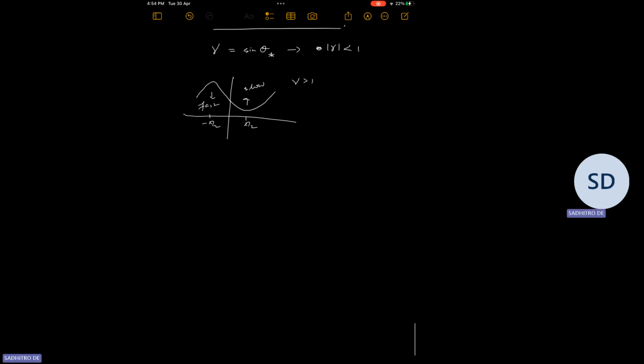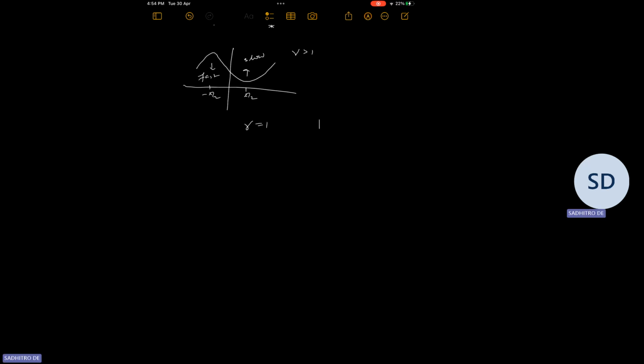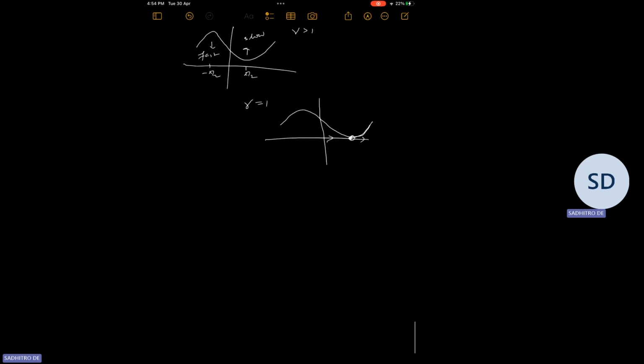Now, when gamma equals 1, then this curve just about touches the x-axis like this. There's a point of intersection over here, and there is a fixed point. And the flow is slow in this direction. So this fixed point is stable from the left.